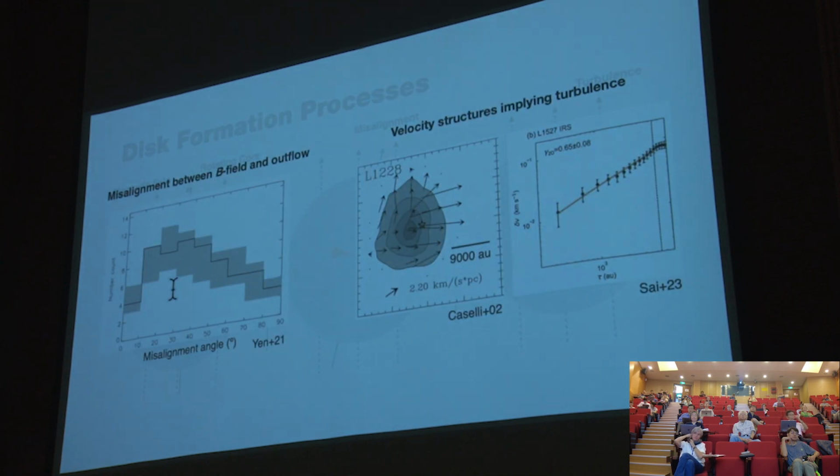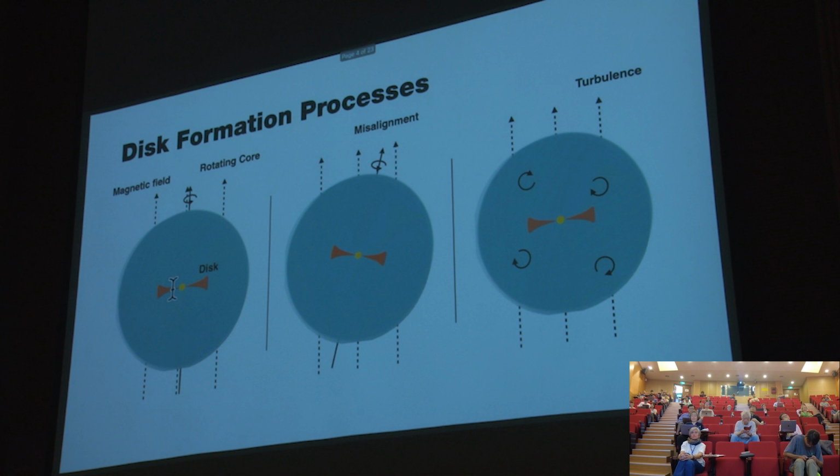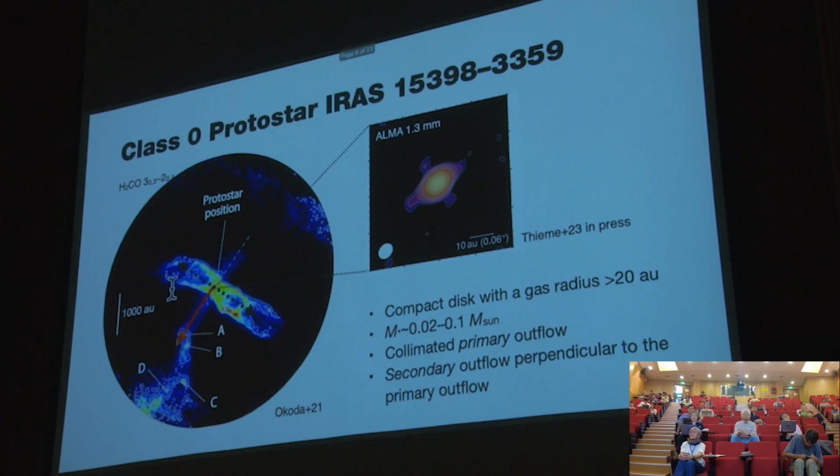Misalignment between magnetic field and outflow is kind of typical, and perfect alignment is much rarer. Also, line observations of dense cores show a much more complex velocity field, which could be consistent with a turbulence scenario. So understanding the dynamical role of this initial condition in disk formation is important.